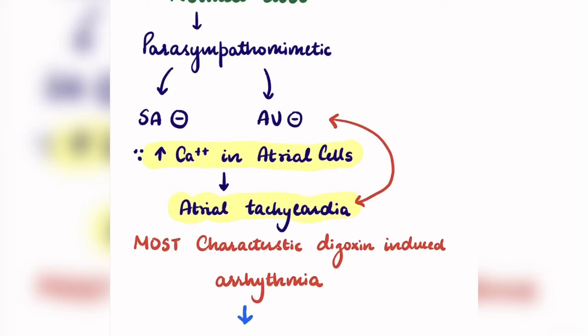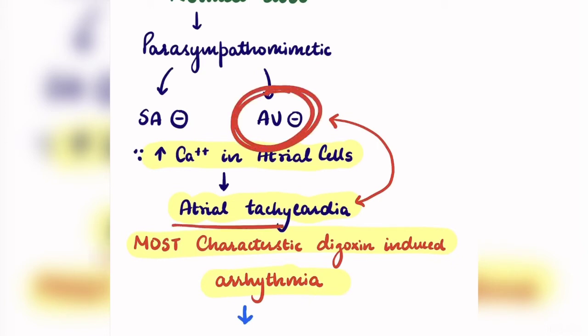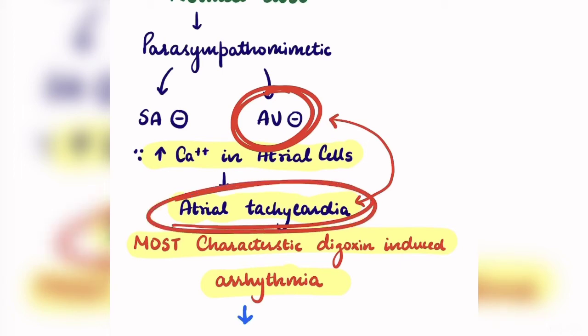The most important thing, the most characteristic digoxin-induced arrhythmia, is that there will be AV nodal blockage and still there will be atrial tachycardia. This cannot be seen anywhere else. So when I'm in the hospital and I get this ECG with these two things, I know it has to be a digoxin-induced arrhythmia.